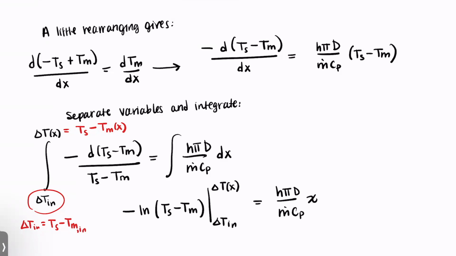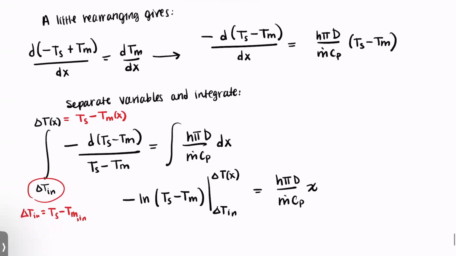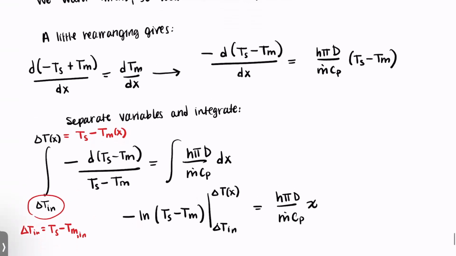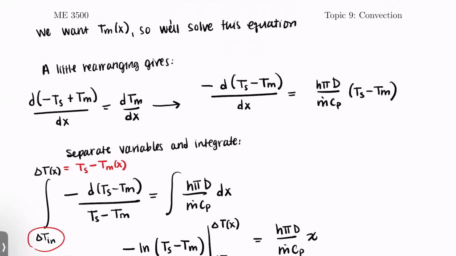Any questions so far? How did you go from dx to Ts minus Tm when you first started? Do you mean from here to here? After you rearranged them, you had negative d(Ts minus Tm) over dx, and then dx turned into Ts minus Tm below it. Oh, I just separated variables. That was the variable I kept with this differential, and then I moved dx over here.